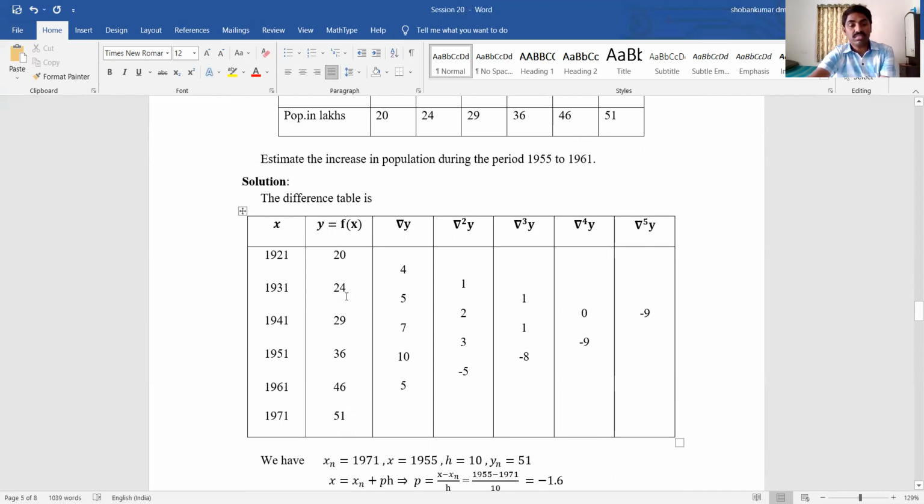Now backward differences, 24 minus 20, like this. You can write all the backward differences. Here this is xn, yn, nabla yn, nabla 2 yn, nabla 3 yn, nabla 4 yn, nabla 5 yn.